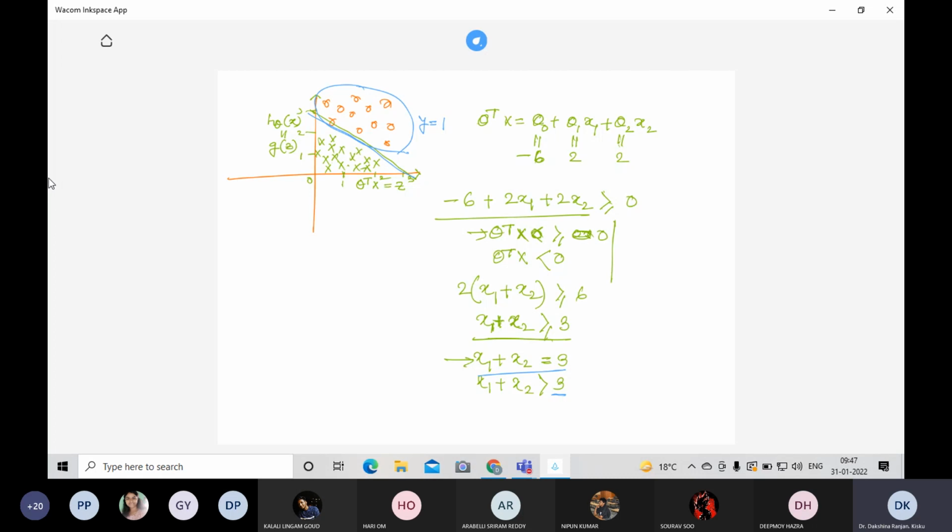And those points which fall in this region of the decision boundary will have class label 0. That means we can have these points above this decision boundary.